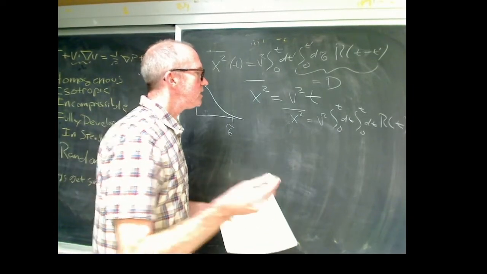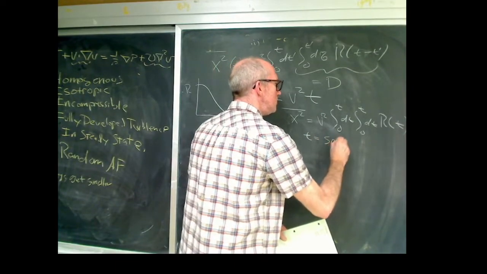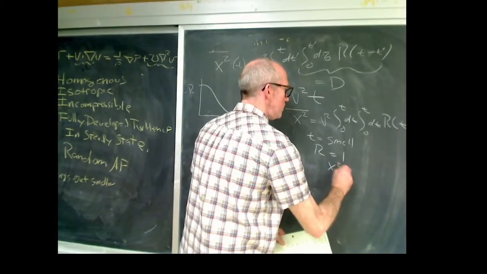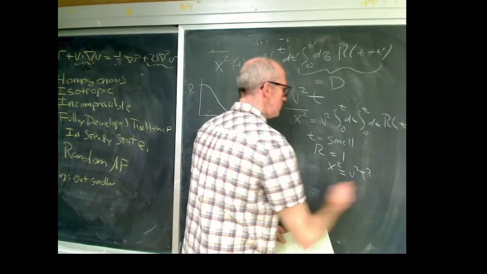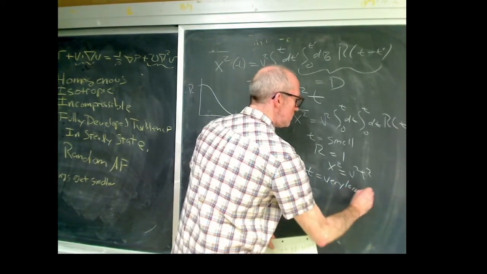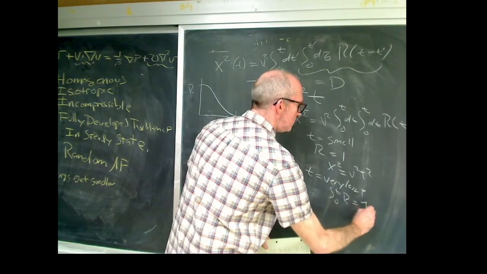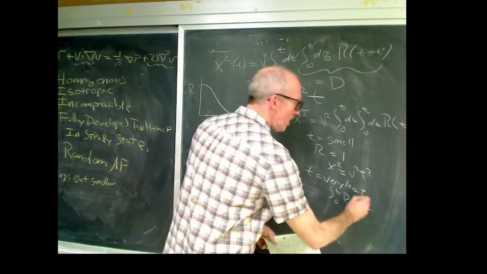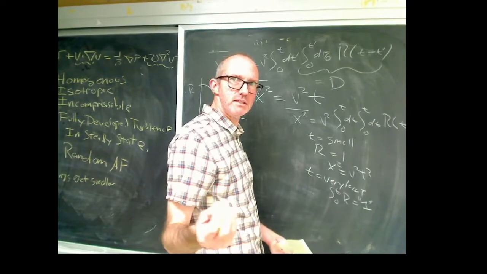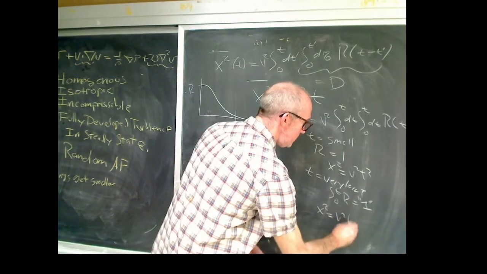So if t is small, r equals 1, and x squared equals v squared t squared. If t is very large, then the integral from 0 to t of r is 1, or some constant. We'll put 1 in quotes there. Maybe it's a number, but it's a constant. And then x squared goes like v squared t.